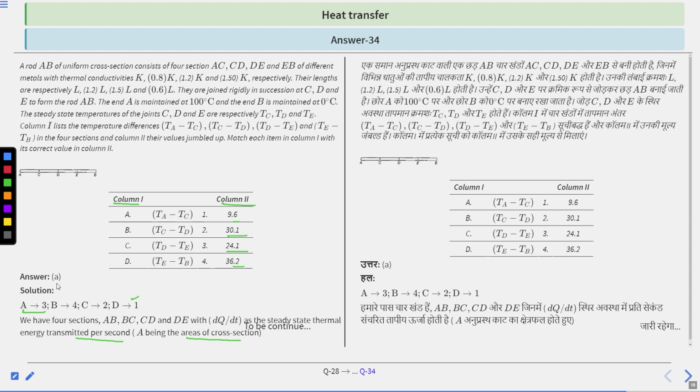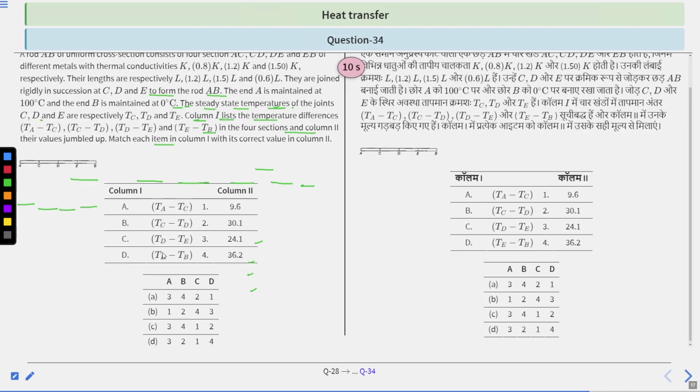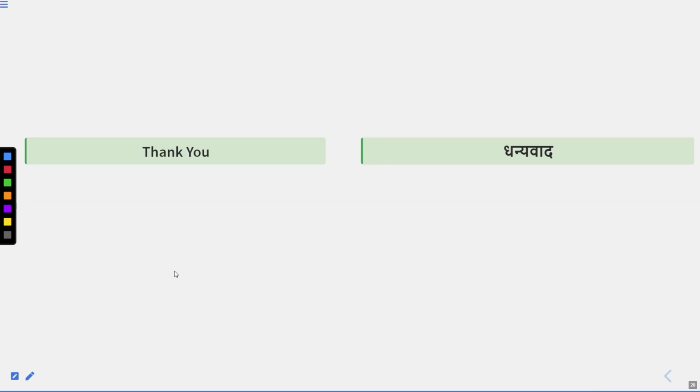So option A is correct. Option A is correct. Clear? A with 3, B with 4, C with 2, and D with 1. So this is the correct answer. Clear? This is the correct match. Clear? Thank you.